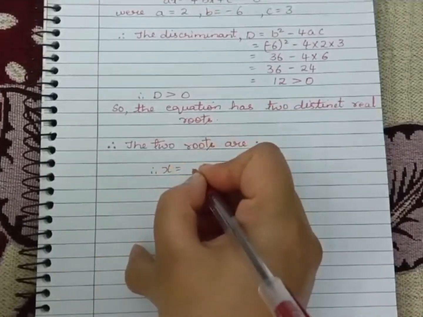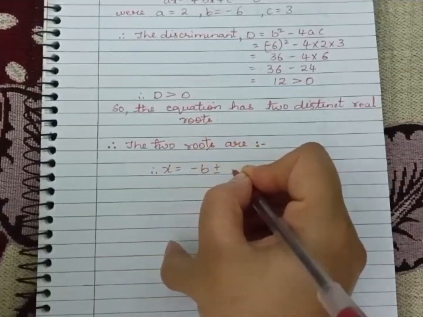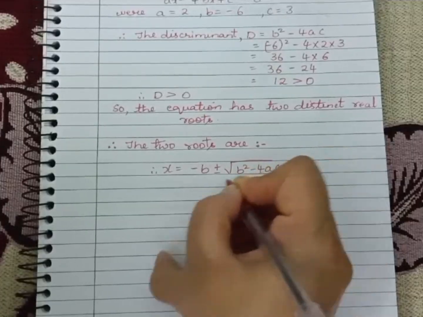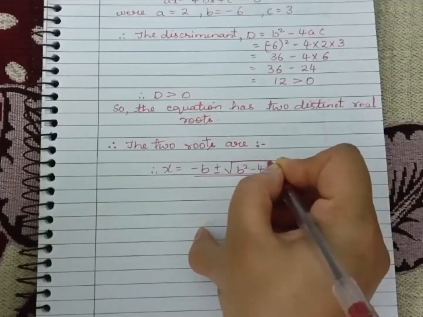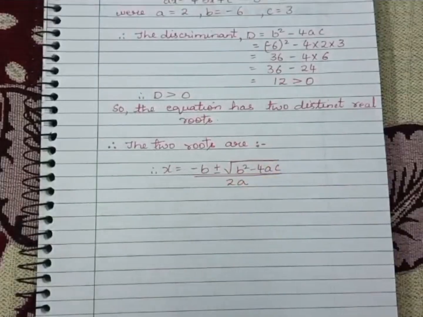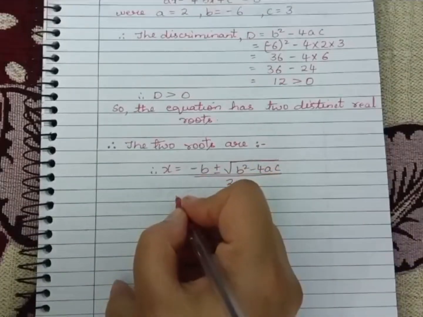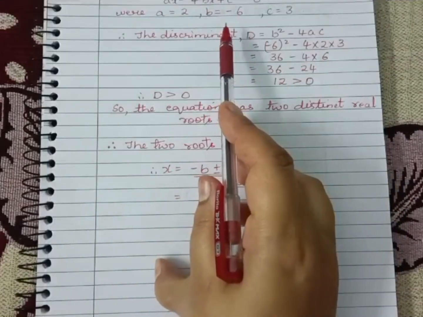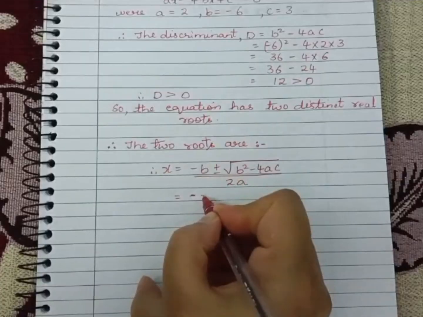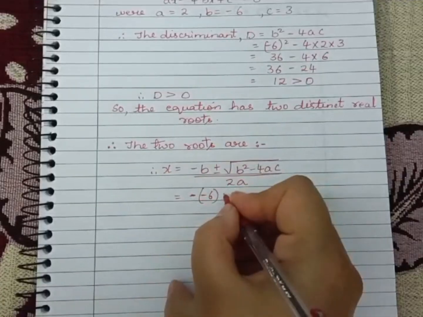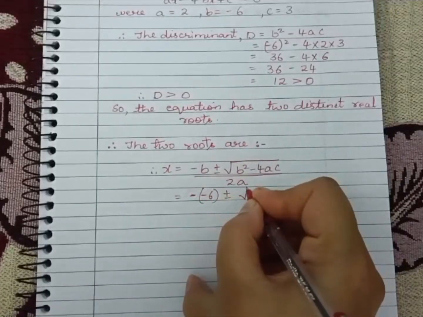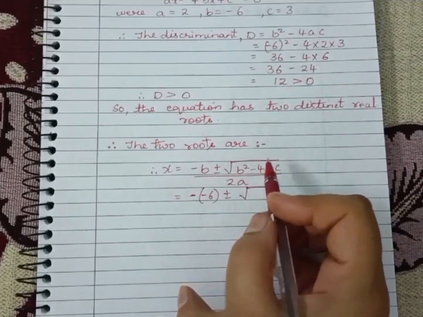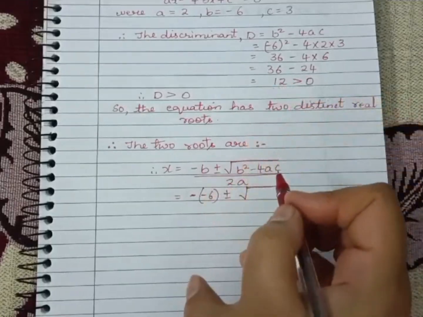therefore x is equal to minus b plus or minus root of b square minus 4ac by 2a equal to, now b value is minus 6 plus or minus root of b square minus 4ac is D value, that is 12.